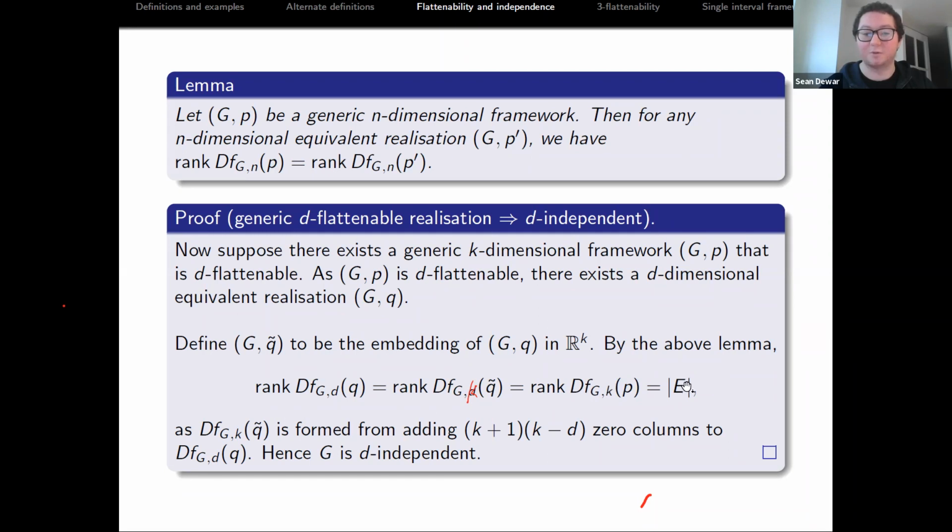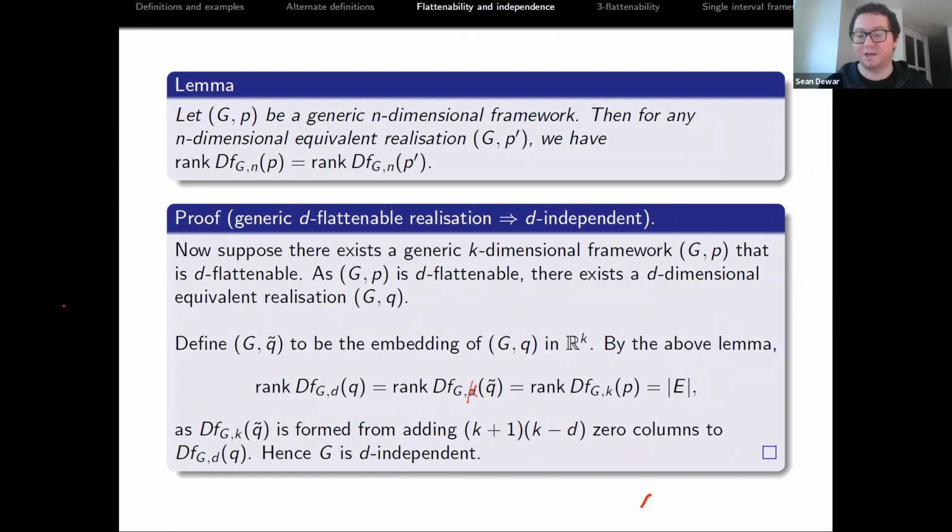So the rank of this is equal to E. And like I've said, this matrix is just formed from adding a load of zero columns to this. So we know that this is equal to this, but that's literally the definition of being independent. So this means that G_Q is independent in R^D, therefore G is D-independent.